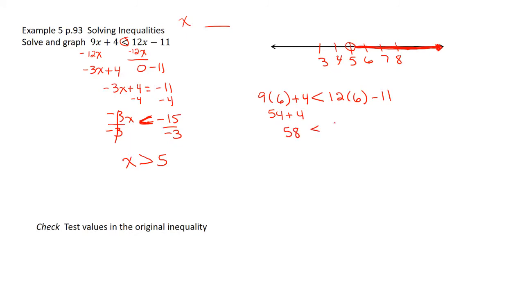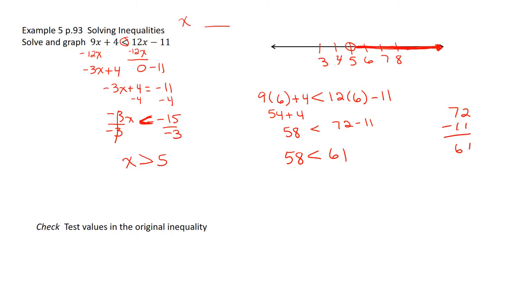And 12 times 6 is 72, minus 11 is 61. So 58 is indeed less than 61. So we know that's true, and we did the first part right.